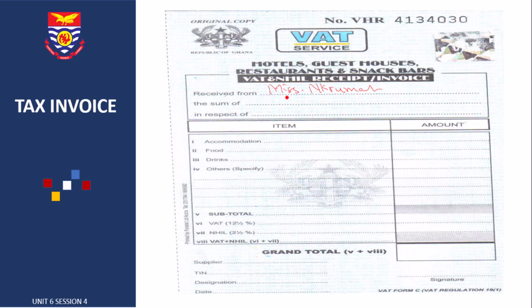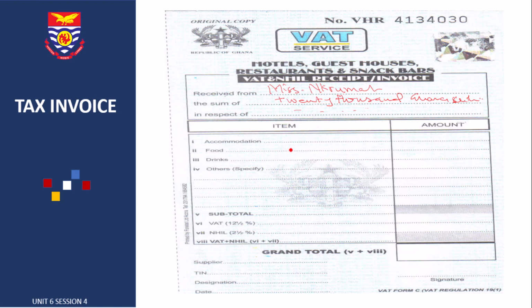So let's say 20,000 Ghana cedis only. In respect of, then we have the items. So this is for hotel, guest houses, restaurants, and snacks.